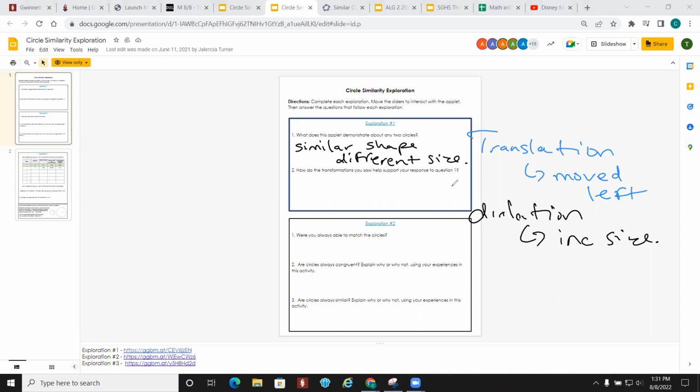How do we know that they're similar? No matter how much you change it, it's going to remain the same shape, as we laid one on top of the other.